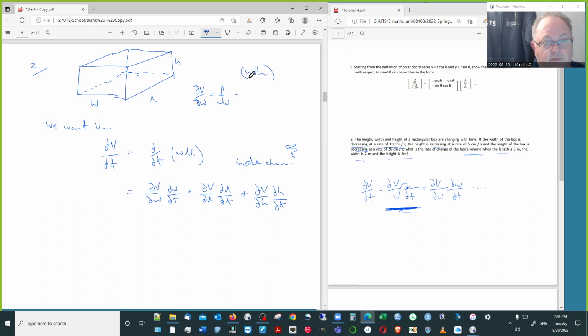If I'm doing it with respect to W, what would I expect to get left over? L and H are constants, aren't they? So it's just that one. If I'm doing it with respect to L, it all looks very foreign when you change it, throwing numerals around, doesn't it? What am I left over with? The width and the height. And then the final one is the partial with respect to the height.